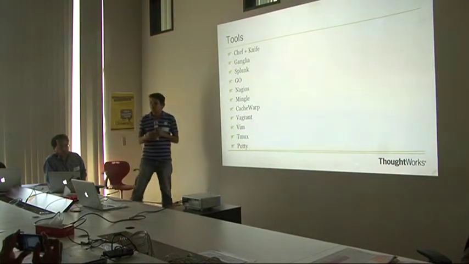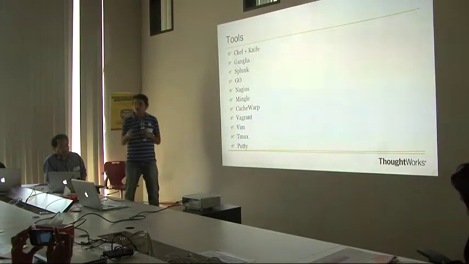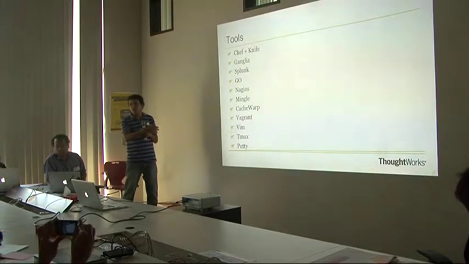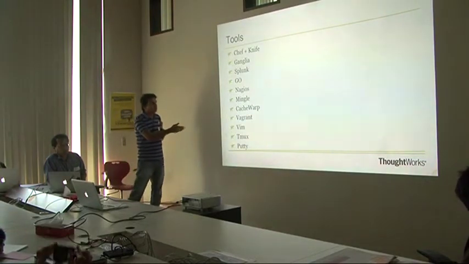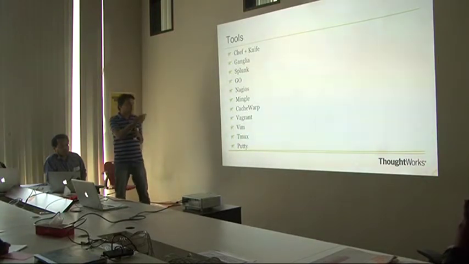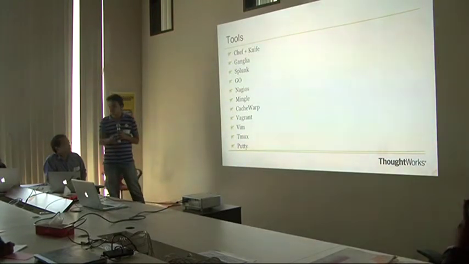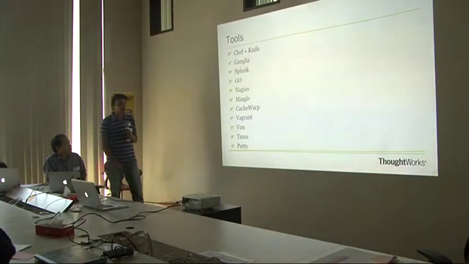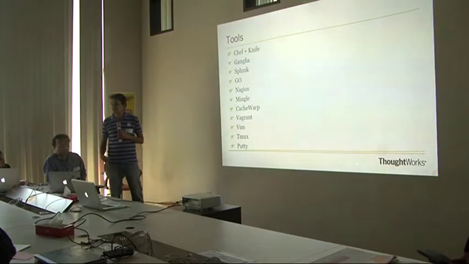Mingle is a tool to track your project development progress. It's a ThoughtWorks tool, and we use it in DevOps for tracking our iteration progress. CacheOff, as I already explained, is a tool to test caching and content delivery networks.